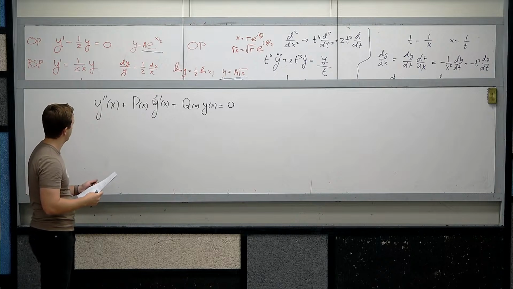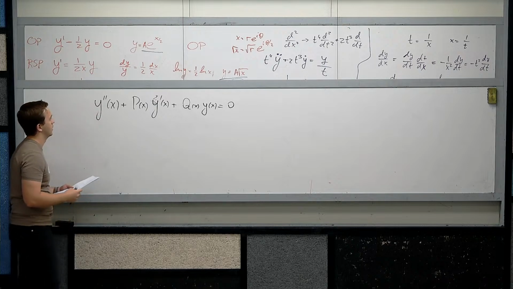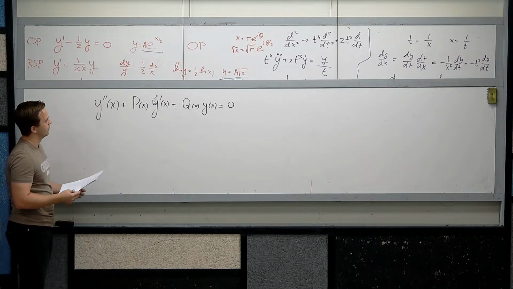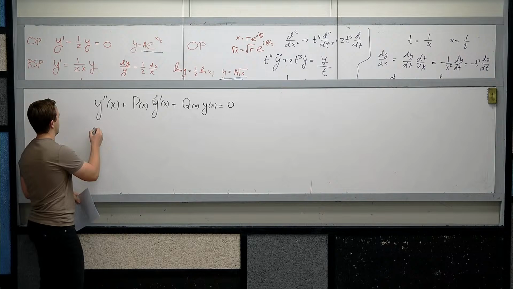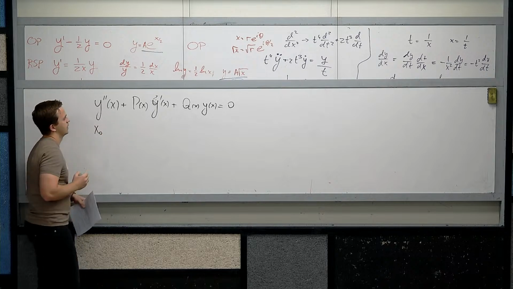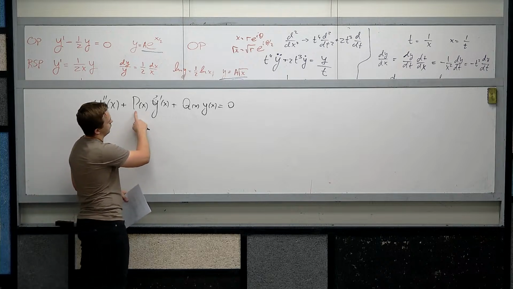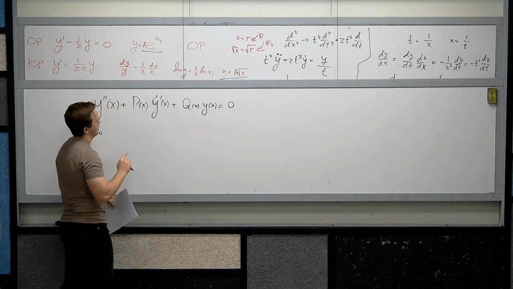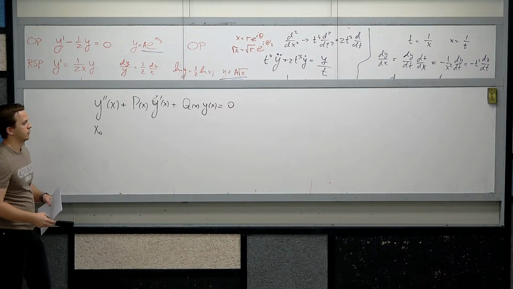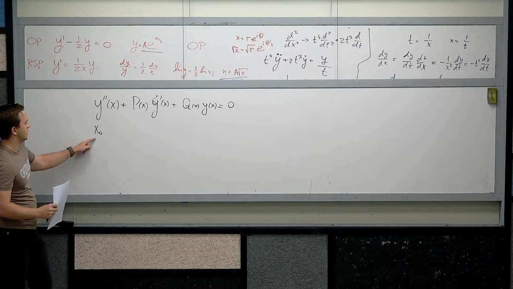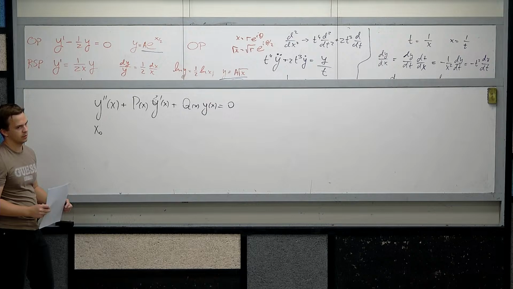And there are some points that can change this equation. For example, let's call this point x0, and these two functions, p of x and q of x, may behave differently in the vicinity of this point x0.